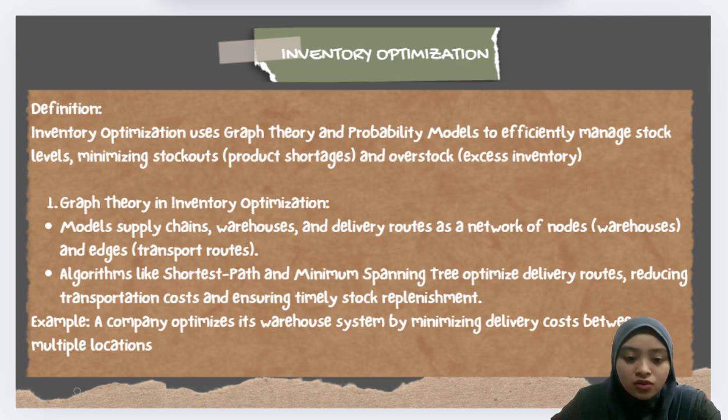Model supply chains, warehouses, and delivery routes as a network of nodes, warehouses, and adjacent transport routes. Algorithms like shortest path and minimum spanning tree optimize delivery routes, reducing transportation costs and ensuring timely stock replenishment. For example, a company optimizes its warehouse system by minimizing delivery costs between multiple locations.